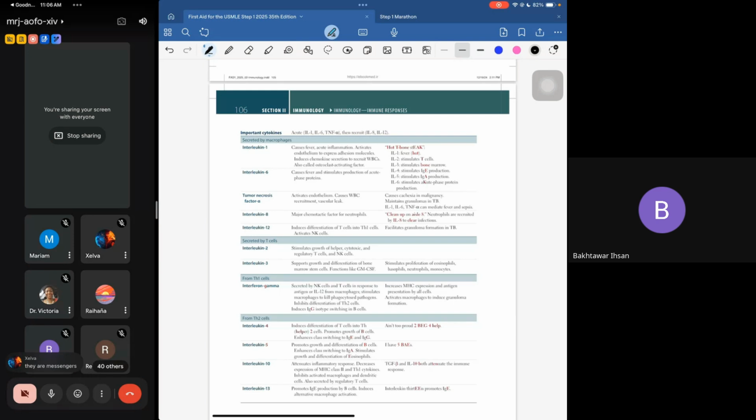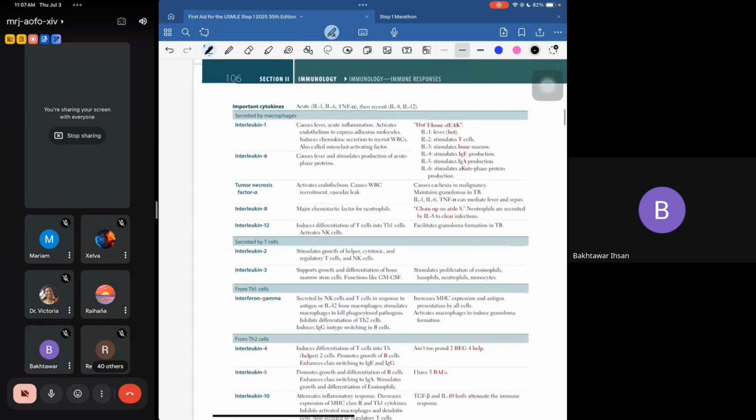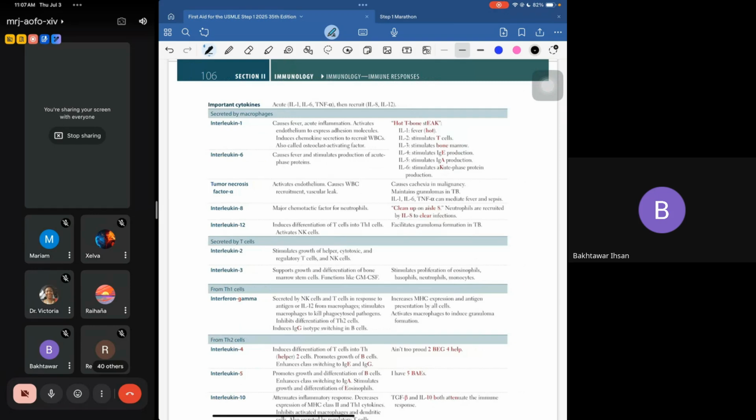Macrophages are white blood cells, and their main function is phagocytosis. The other thing they do is that they're very important in inflammation. They secrete interleukins. The first interleukin that macrophages secrete is interleukin 1.